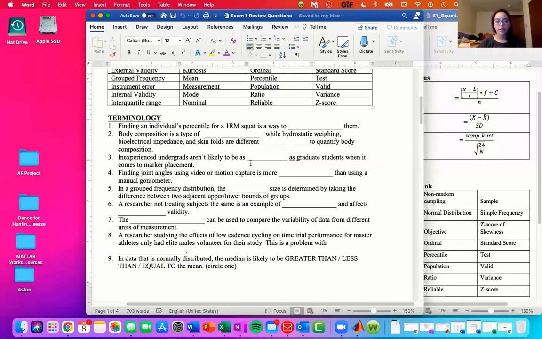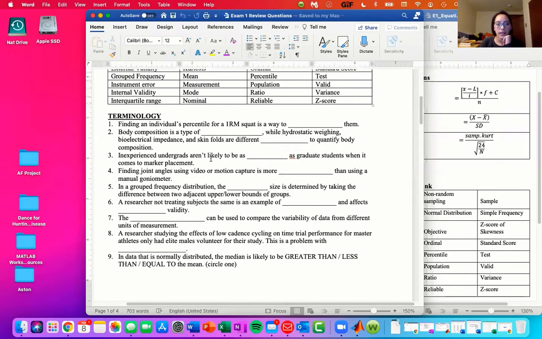But generally, you'll have questions that either give you a scenario and it's more of an applied use of terminology, or something a little more direct, like "blank is the," and then I give you the definition. So a little bit of a mix in there.